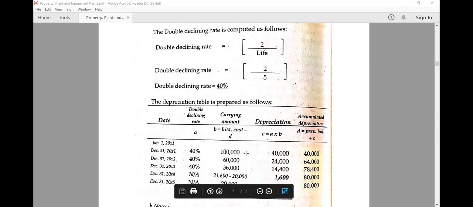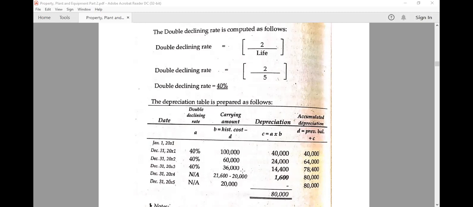Then for 20x2, that's going to be 60,000 times 40% equals 24,000, right? So our ACDEP would be the total, 64,000. And then if we deduct that from 100,000, our carrying amount would be 36,000.